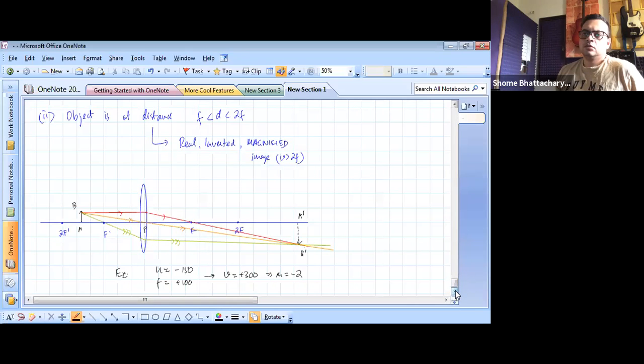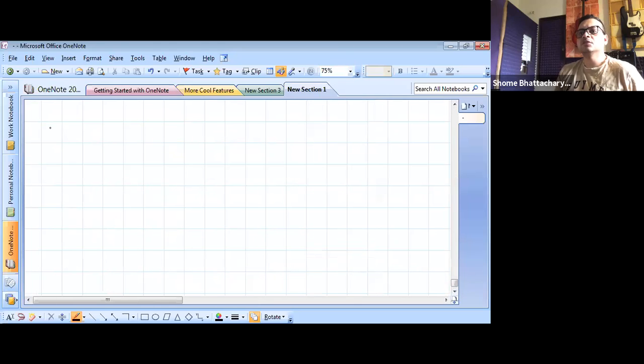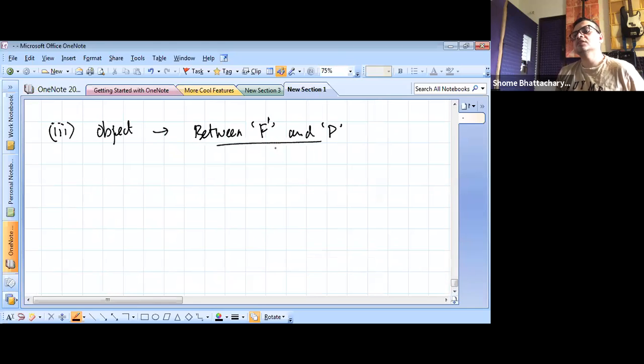The third case of this was something you could have picked up in the previous question, that when the object is between the focal point, that is F prime, and the pole, what kind of image does this always give us?